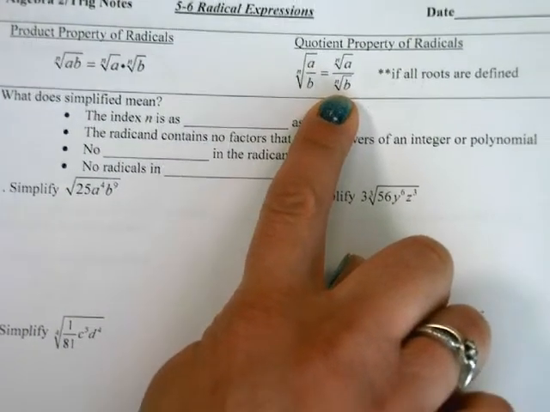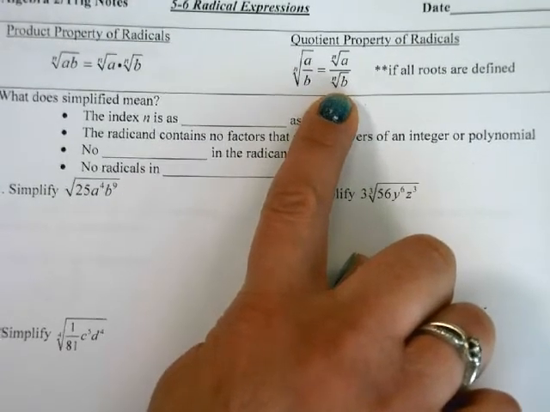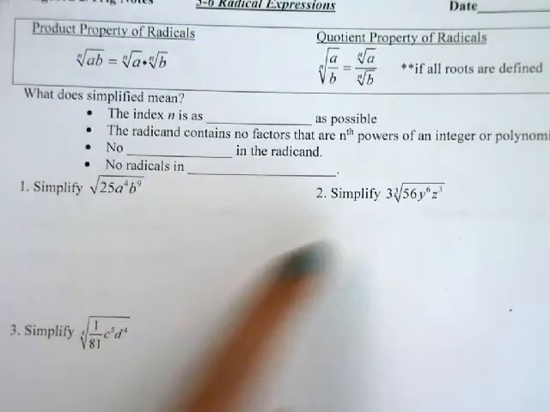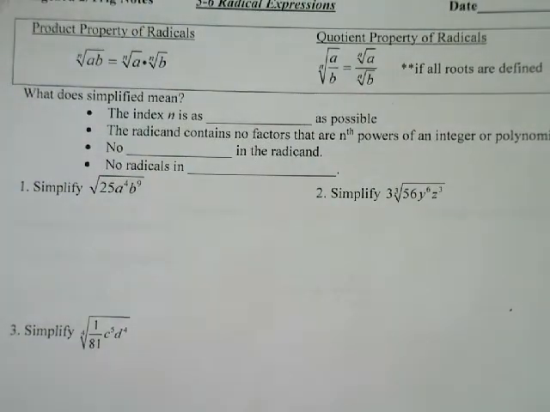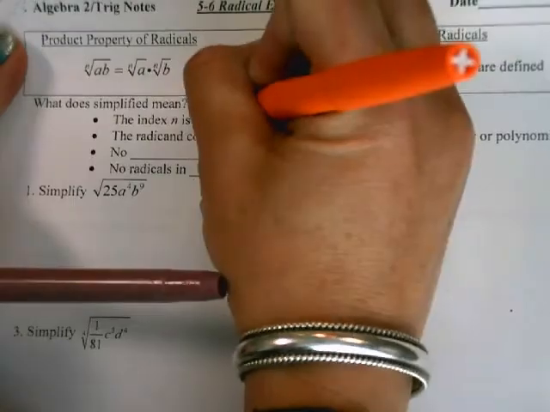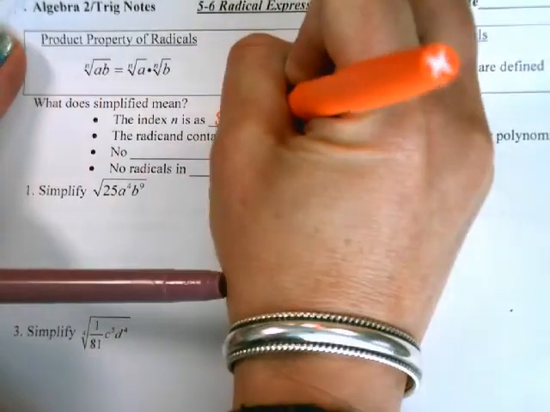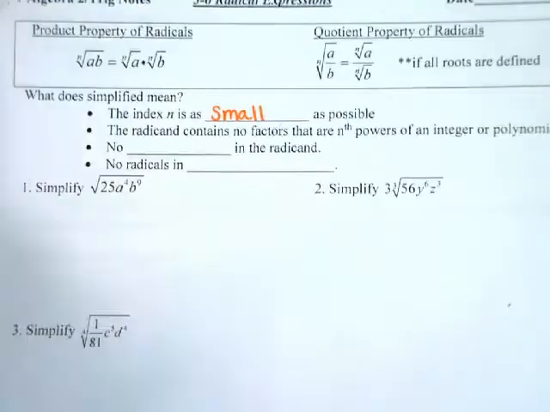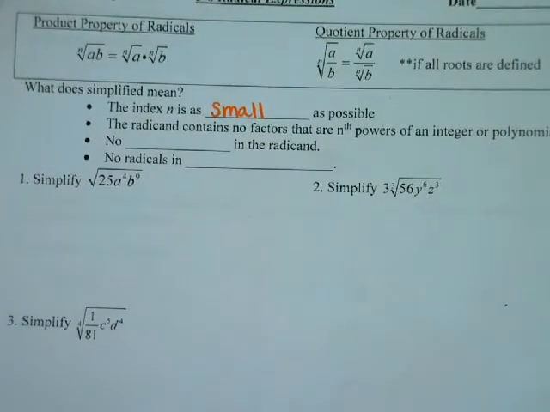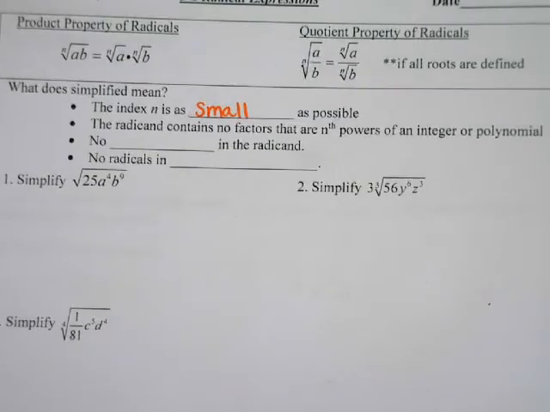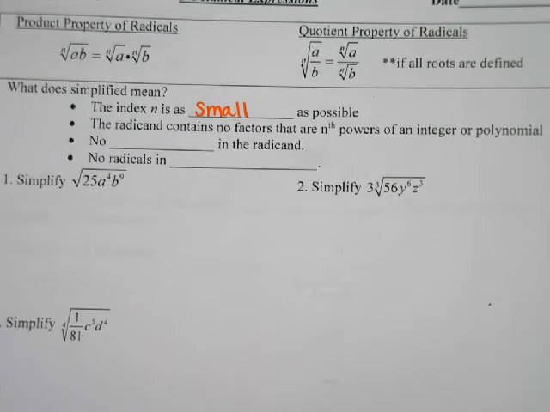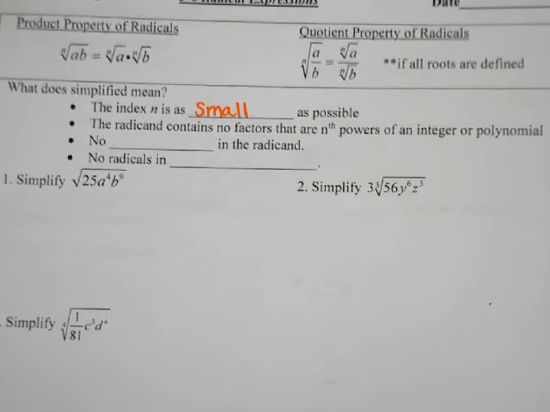That's what that means. Okay, so when it says simplify, and you'll notice these all say simplify, what does that mean? Well, the index n is as small as possible. We're not going to change the index yet, but eventually this chapter I will show you how we change the index. The radicand, that's the guy under the radical, contains no factors that are nth powers of an integer or a polynomial, meaning I can't take something out.